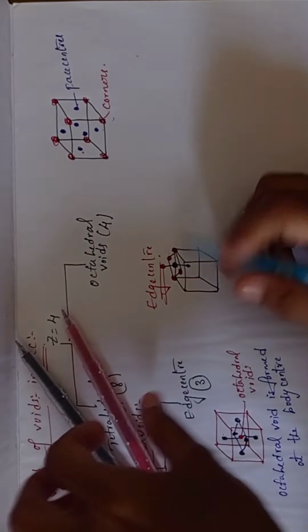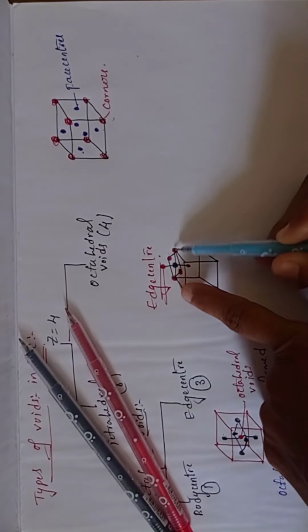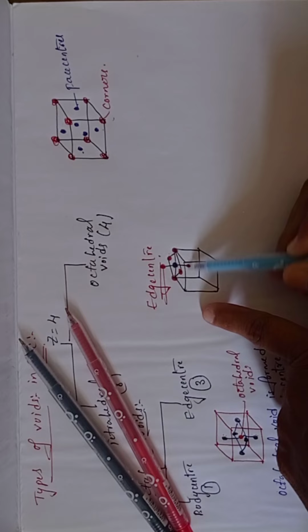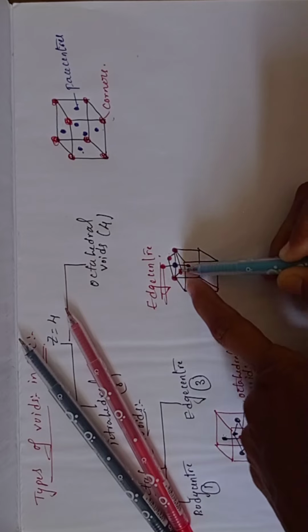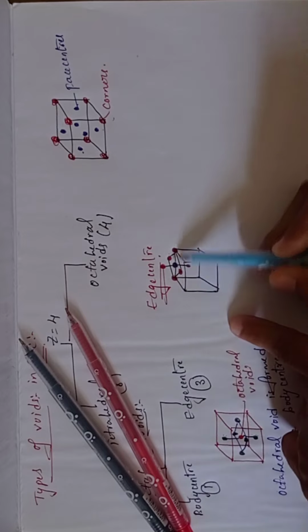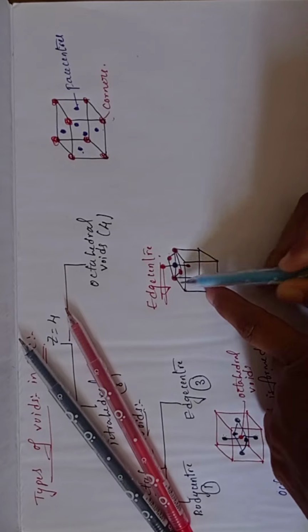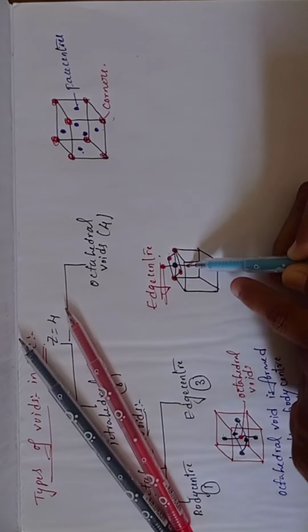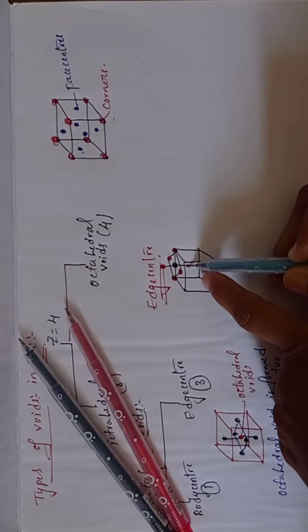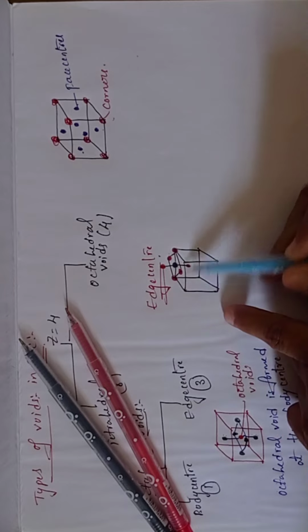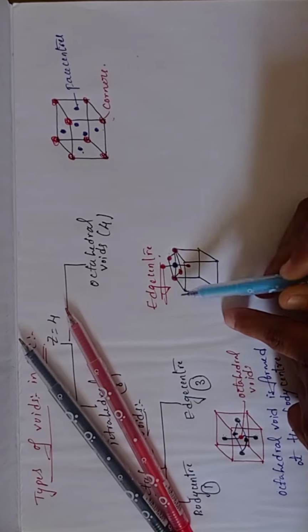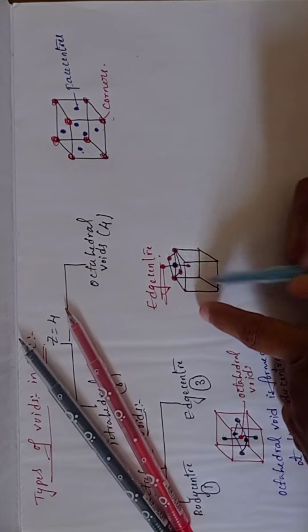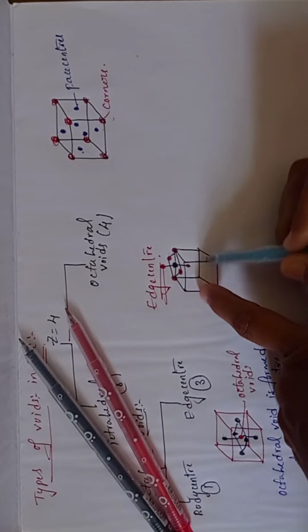Are you following, students? Here two corner particles I am taking, this top face center particle, and this is the back face center. Are you understanding? This is the front face, and this is the back face center I am taking.